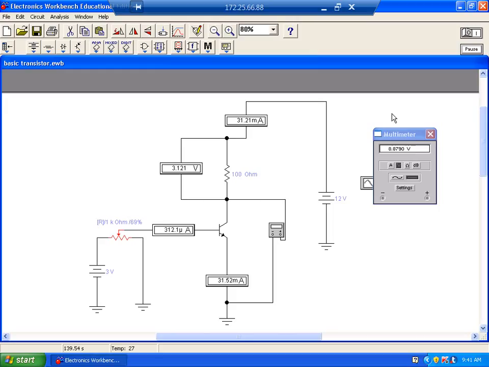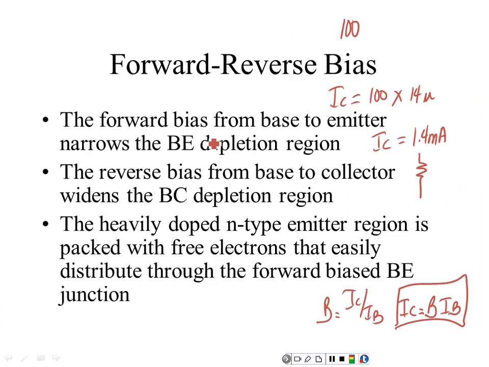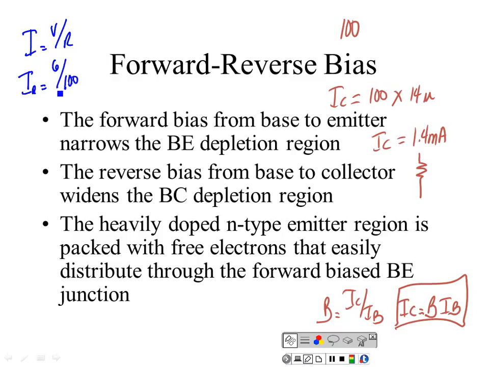Well, we use Ohm's law. I want a 100 ohm resistor to drop 6 volts. I is equal to V over R. I would be equal to 6 divided by 100. I would be equal to what? Huh? 60 milliamps. But I'm asking what base current.